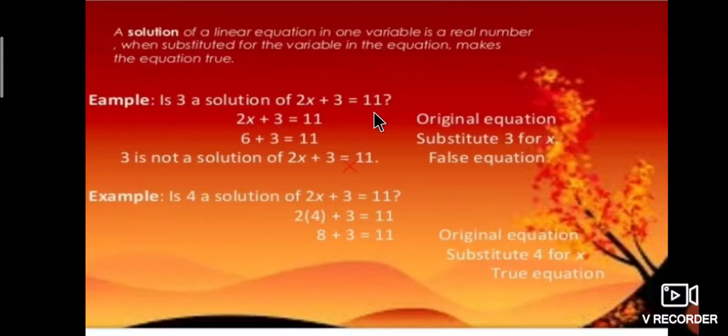What we do is substitute the given real number in the place of the variable. If it makes the equation true, it becomes the solution. If it is not true, it is not a solution, it is false for this equation. Similarly, observe this one: the given equation is 2x plus 3 is equal to 11.